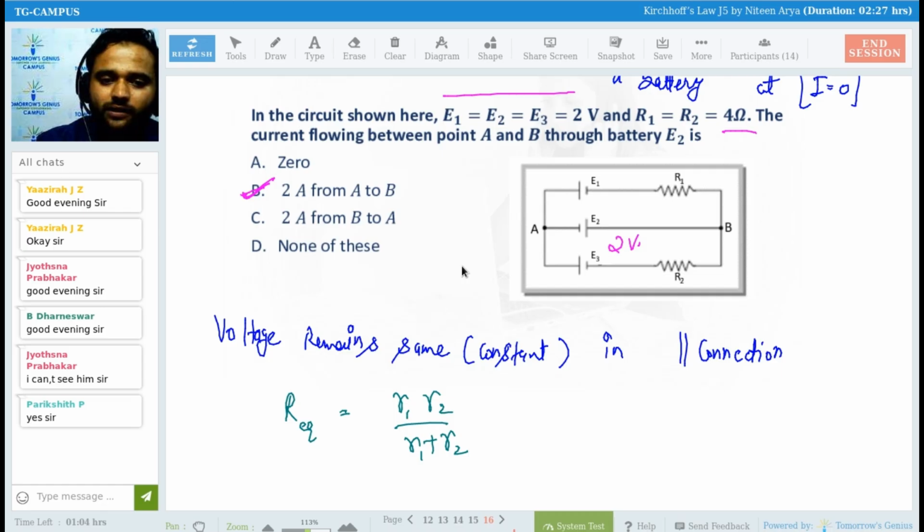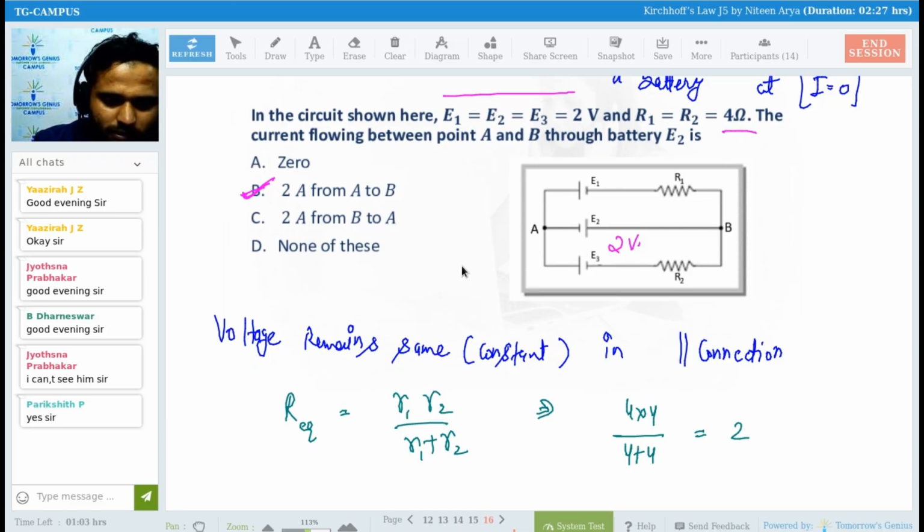And how is it getting 4? This is 4 into 4 and that is 4 plus 4. Okay. Then V equals IR. What is it going to be? R1, R2, so that is 4 into 4 divided by 4 plus 4, which is 2.